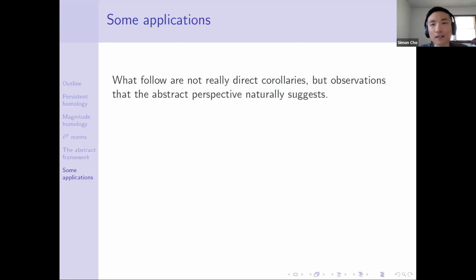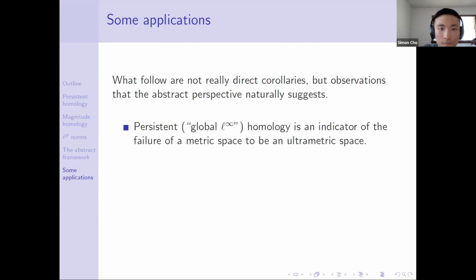Now, these aren't heavy duty applications, but I thought they were nice lightweight applications, but maybe there's a way to take them further. So persistent homology is an indicator of the failure of a metric space to be an ultrametric space. Okay.